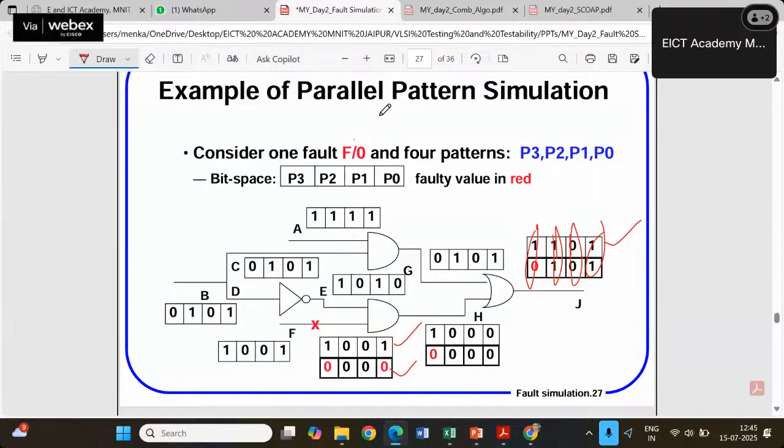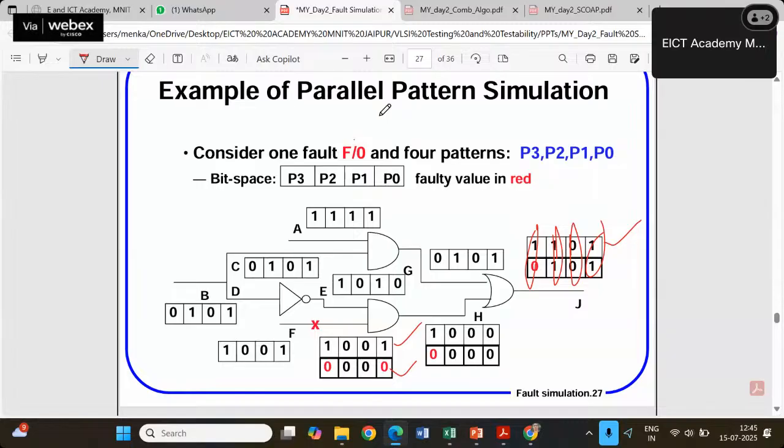The probability that we will be able to figure out the pattern to detect the fault is more as compared to the previous technique.